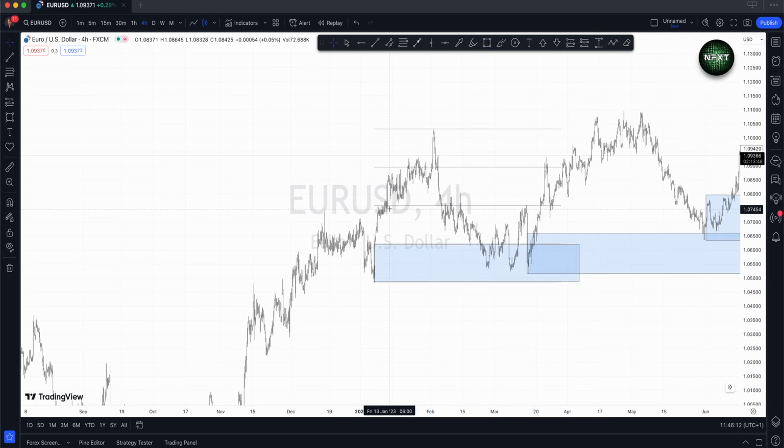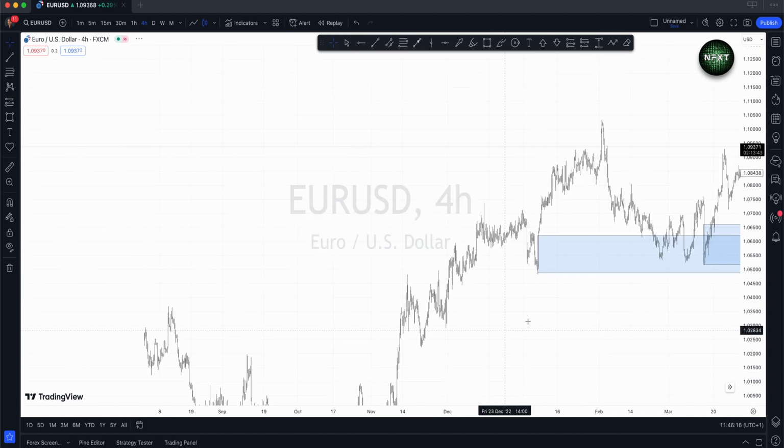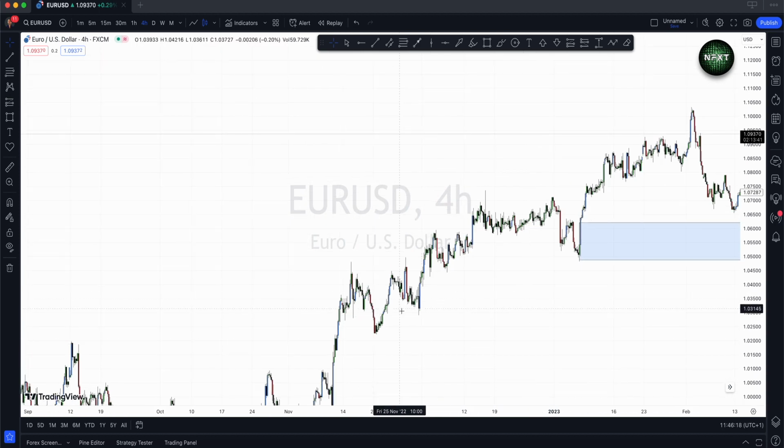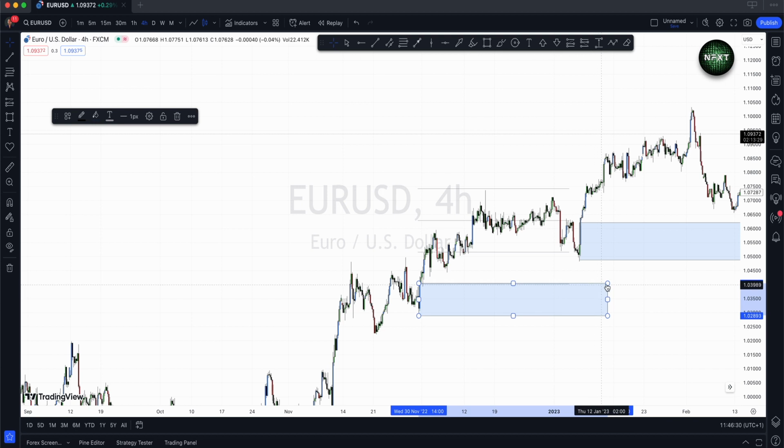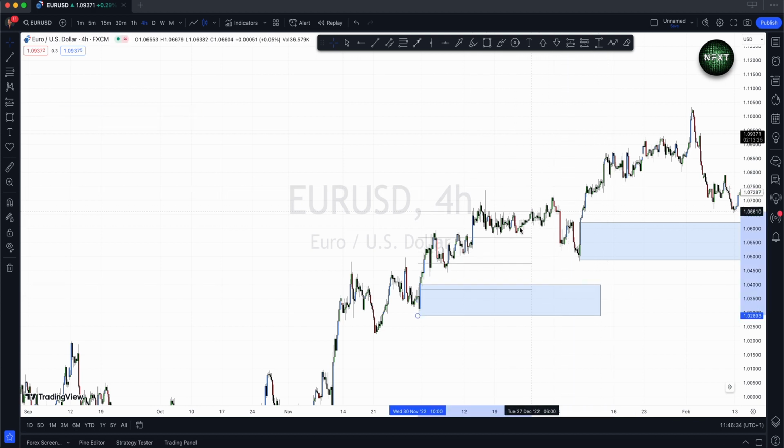Now we can see we overlap this time on those zones. And then if we look at what happened here, the market actually did put in this push up from this area here, but we failed to come back to this zone. But if you look at it as a zone as well, you can see this is a push up here.